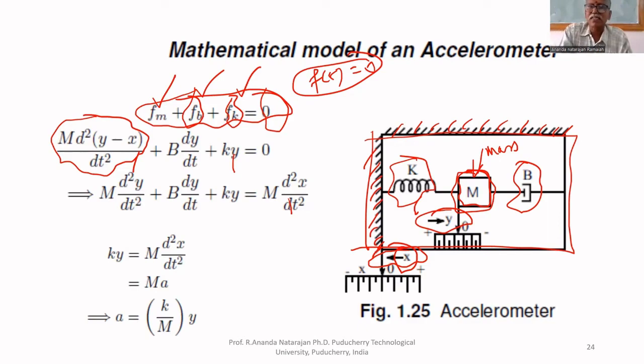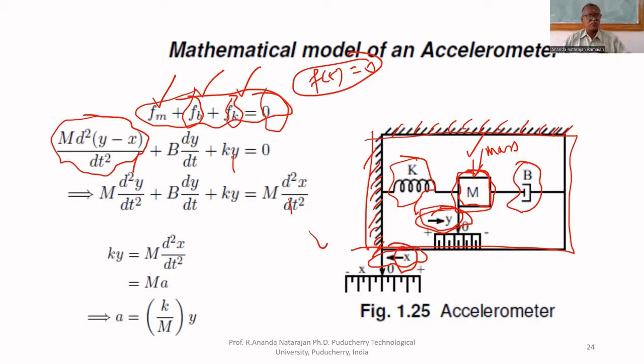That's why this y direction is mentioned in the opposite direction. So the net result: both are in opposite directions. For the same direction we subtract, but here it is in the opposite direction. So what is the net displacement of this M? x minus y or x plus y?